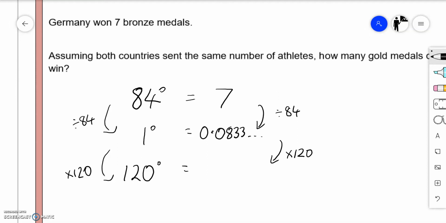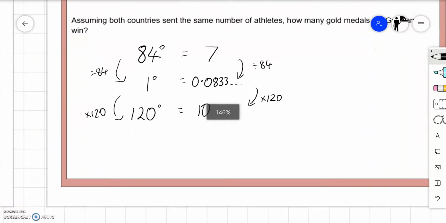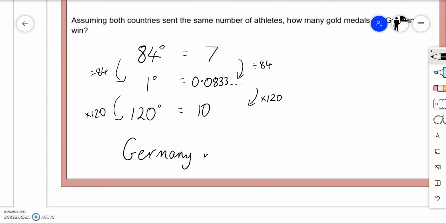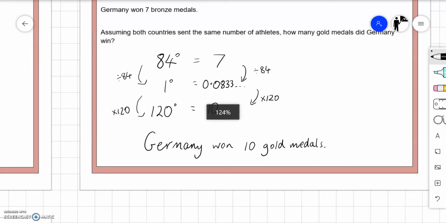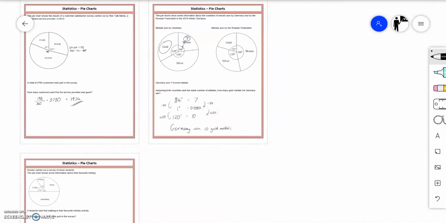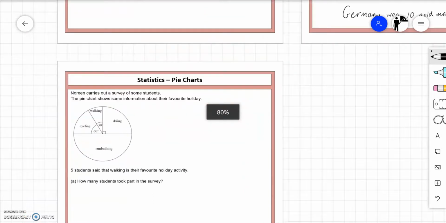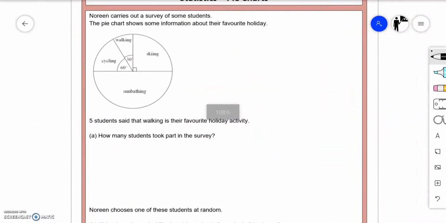Don't clear your calculator, just press times 120, and that will give us 10. So Germany won 10 gold medals. Okay, so when you're not given the whole amount, if you're just given a section, you need to be thinking about scaling.